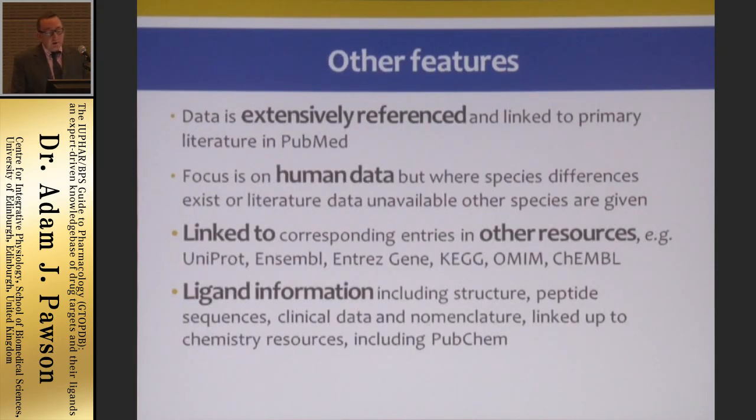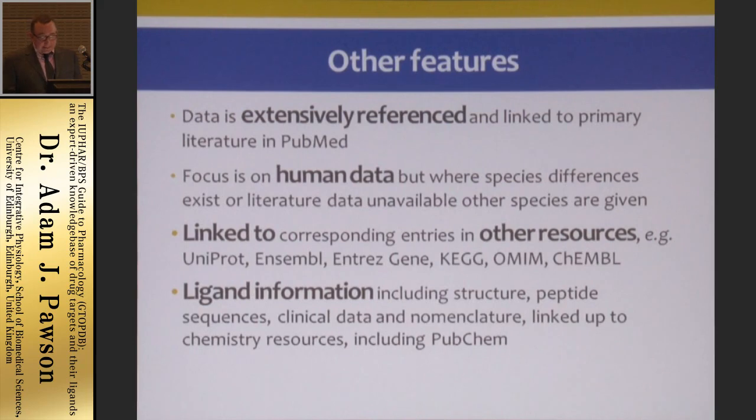Other features of navigating through the website is that all the data is extensively referenced and linked to all the primary citations in PubMed. The focus is on human data, but where there are species differences, we do provide information on other species.